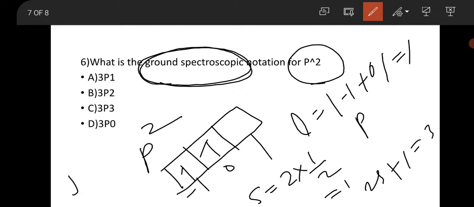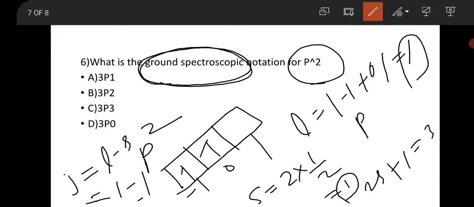Now J. Since not all the subcells are occupied, there is a vacancy in the subcell. So J will take the lower J value. That means J equal to L minus S. So L equal to 1, minus S also 1.